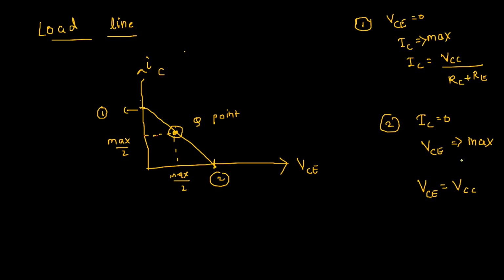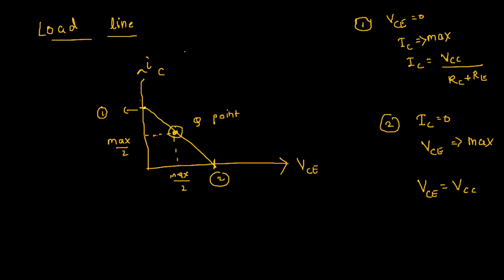So the main point of all of this was to find the Q point such that it lies exactly in the middle of the load line. So most of our questions will be related to actually drawing the load line and plotting the Q point on it. So we need to know both the x-intercept and the y-intercept of the load line, and also find out where the Q point lies. So the Q point lies exactly in the middle of the load line.